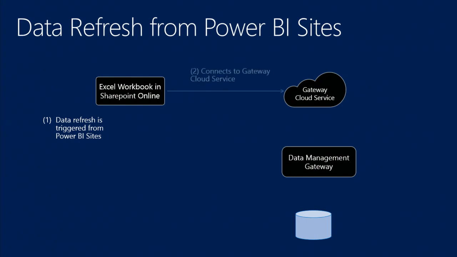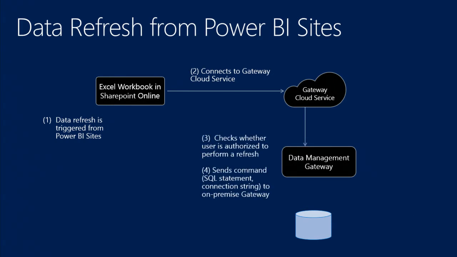But anyway, when this happens, the workbook in SharePoint Online connects to the Gateway Cloud Service, which connects to the Data Management Gateway that you installed on a server in your company. This sends the query to SQL Server or to Oracle.